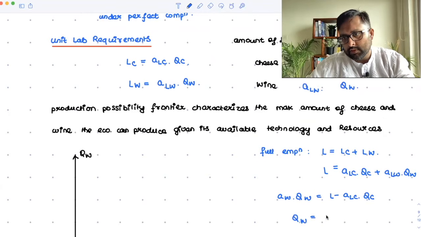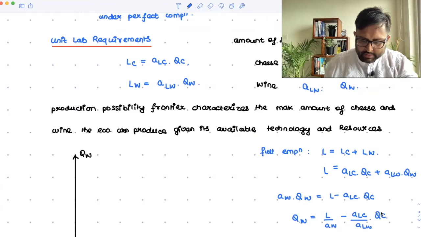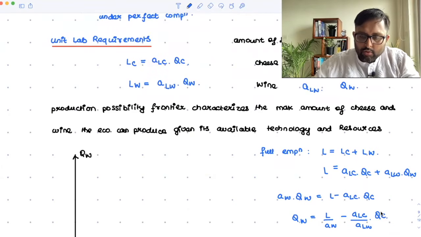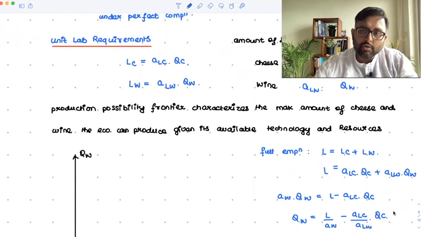So QW is L upon ALW minus ALC upon ALW QC. So how many units of wine do you have to give up in order to get 1 more unit of cheese?